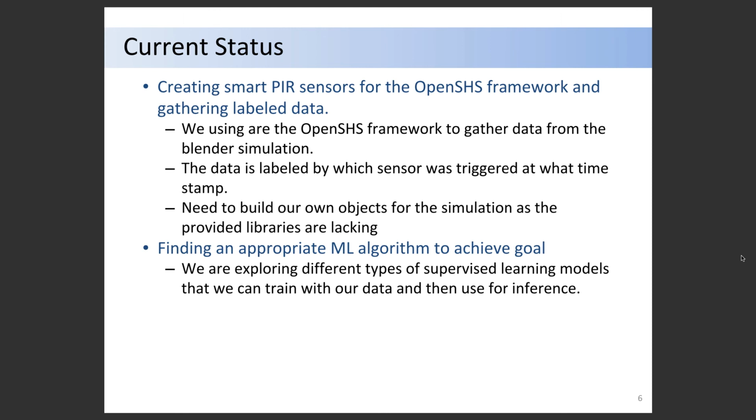So the OpenSHS framework is what we use to gather the data. It essentially spits out a CSV where every row is a timestamp, and then you have a binary value for whether the sensor was on or off during that timestamp.